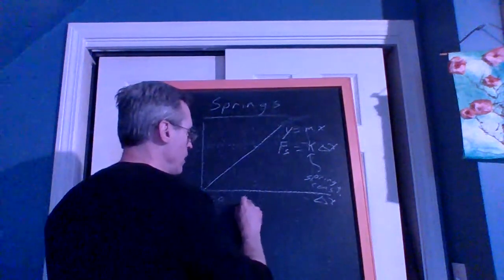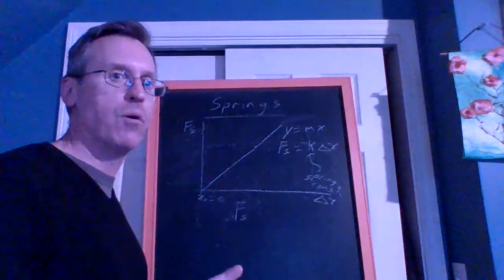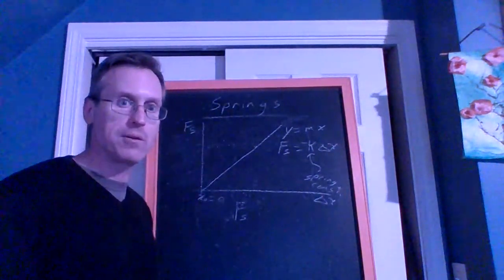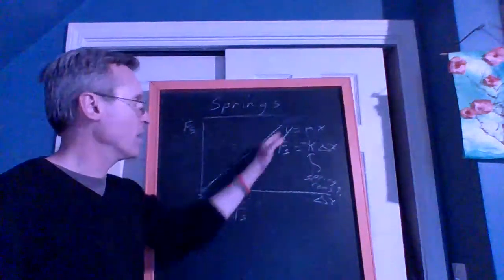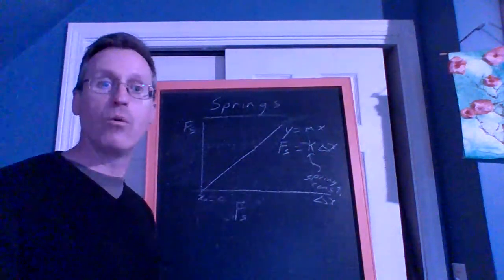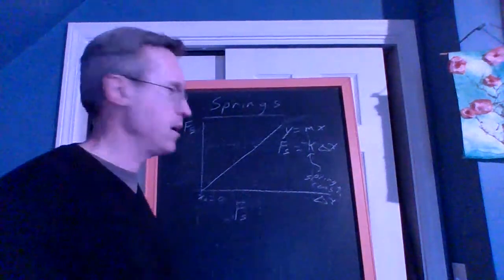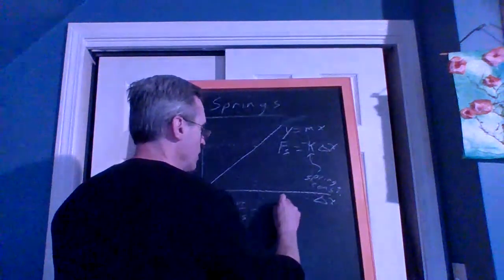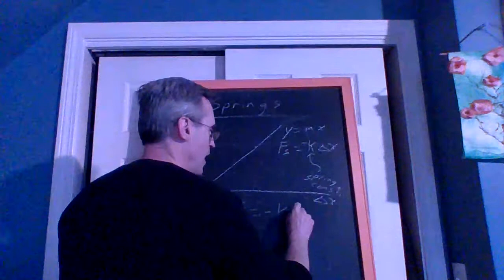Now I hope you recognize that you've seen this process before. We did it with friction, the force of friction on an object versus the normal force. We made a graph and a line, and we said that constant was called the coefficient of friction. With a spring we say it's the spring constant. So this equation, the force of a spring, is equal to negative k delta x.